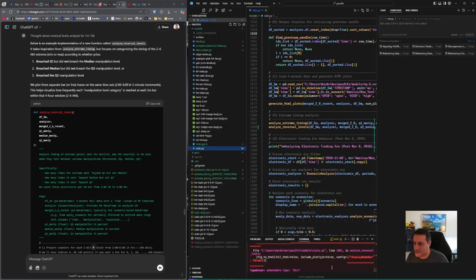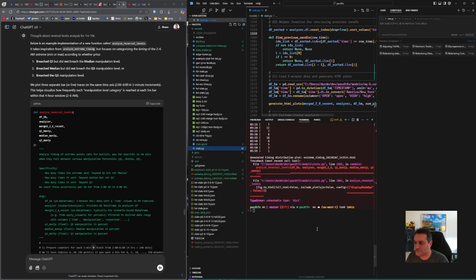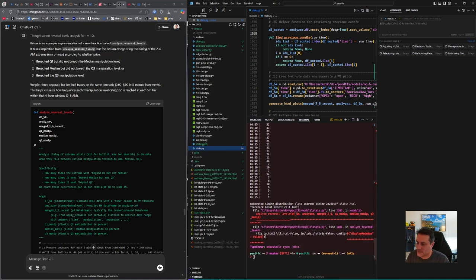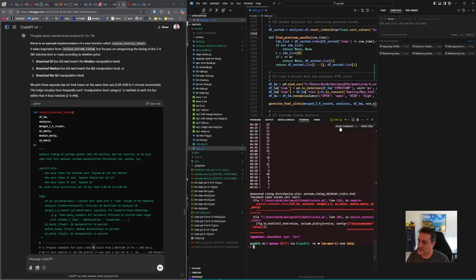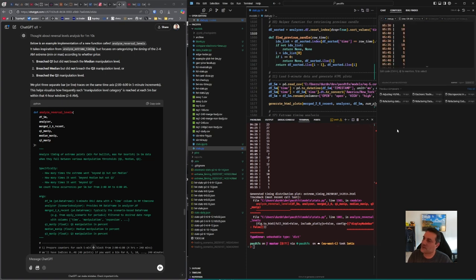Okay. All right. There's another bug. What does it say? Unhashable. Okay, let's see if we can ask the AI to debug this. Please fix the type error.